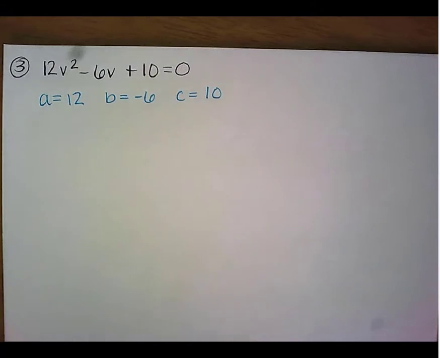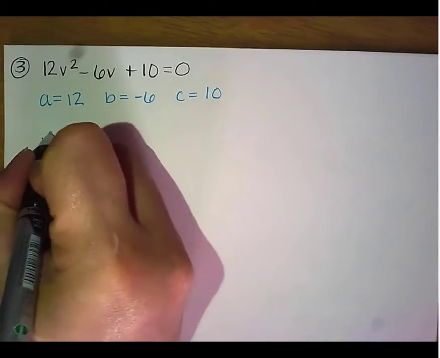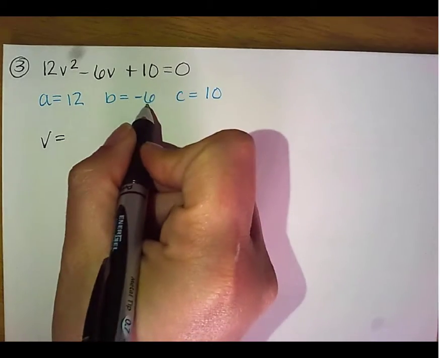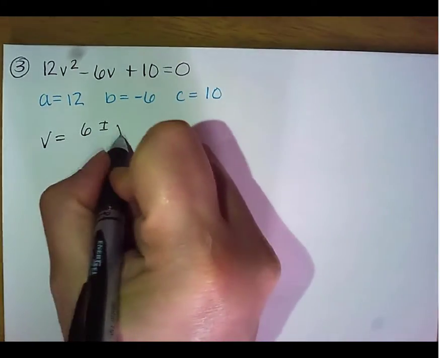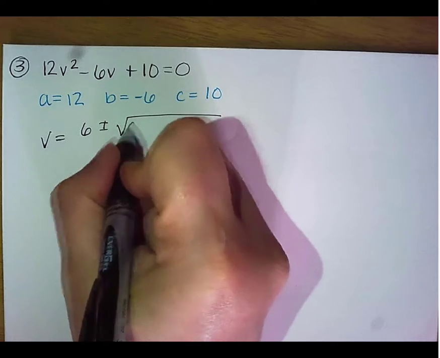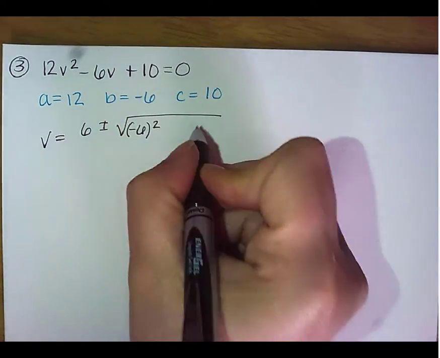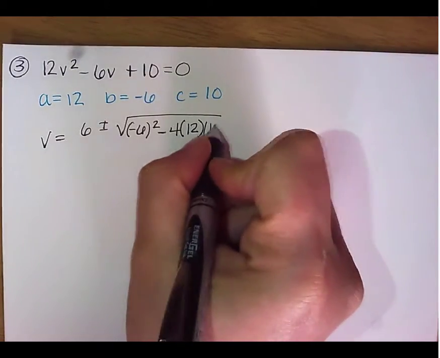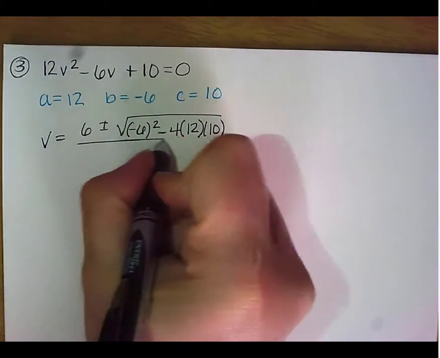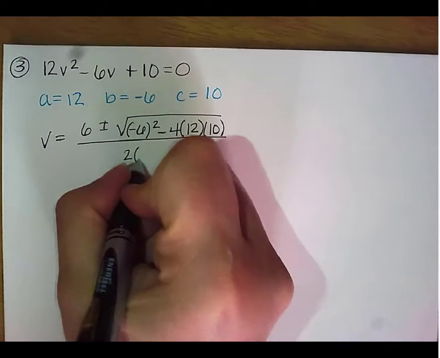So plug in those values into our quadratic formula. So v equals a negative 6, that's going to give us a positive, plus or minus the square root of negative 6 squared minus 4 times 12 times 10 all over 2 times 12.